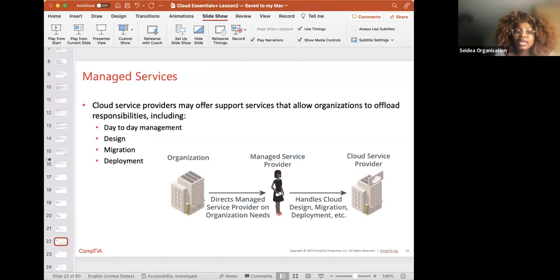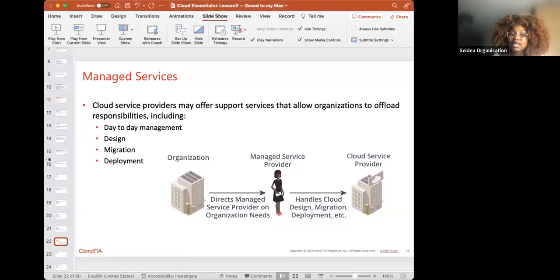So when we're now looking at managed service, cloud service providers can offer services that allow organizations to offload responsibilities. So it helps businesses in their day-to-day operation, in their business as usual. And you have different elements. The first one you have is day-to-day management, so it's ensuring that systems run smoothly.